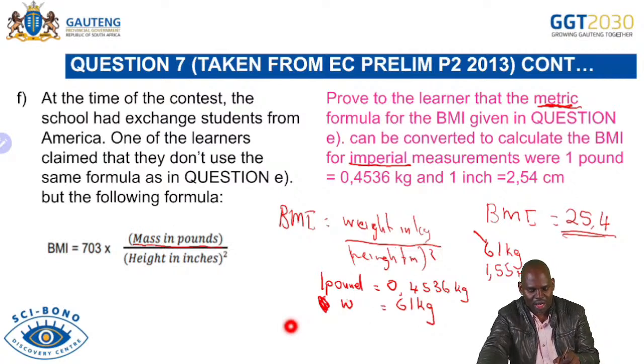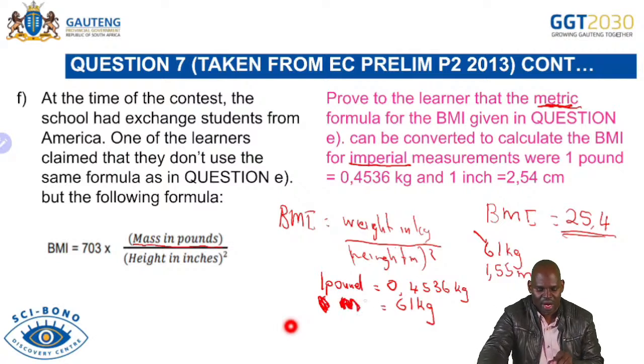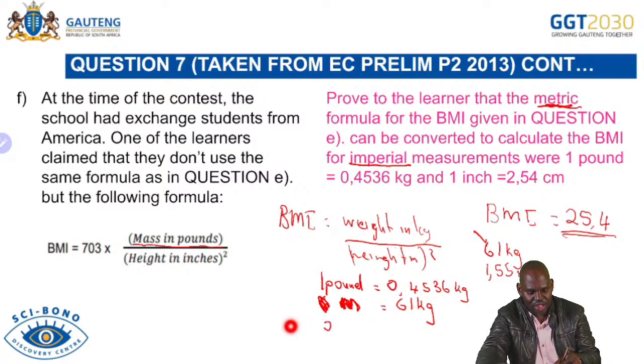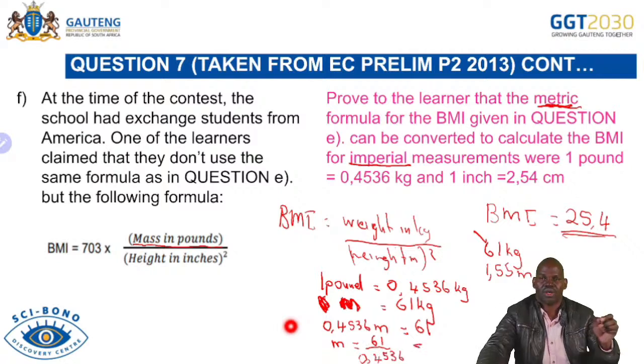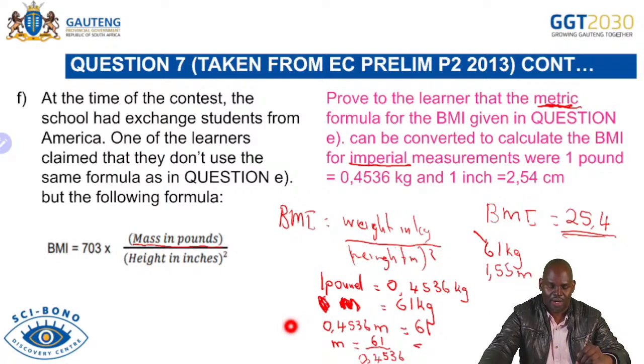If I cross multiply to find the value of M, I get 0.4536 M equals 61. Then the mass in pounds will be 61 divided by 0.4536, because that is what I want, the mass in pounds.